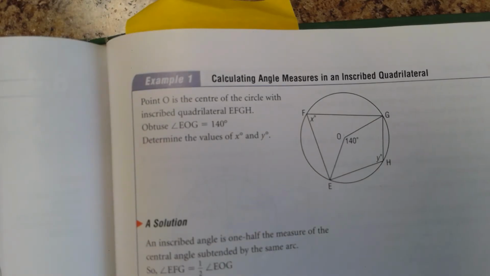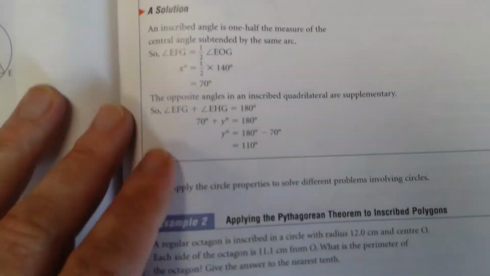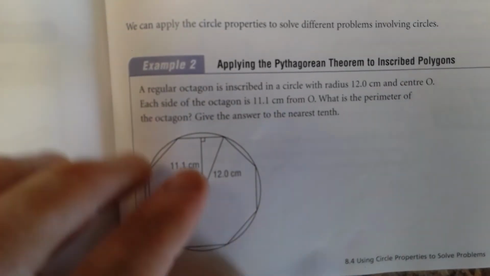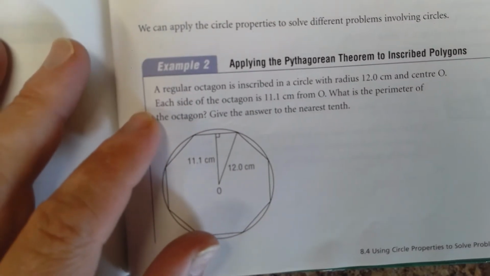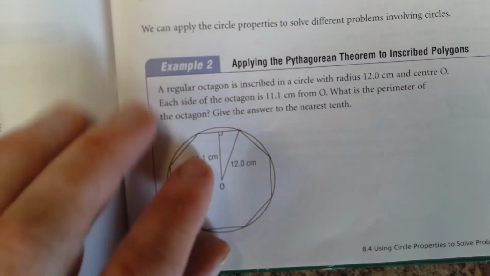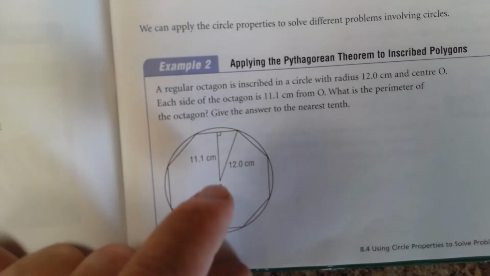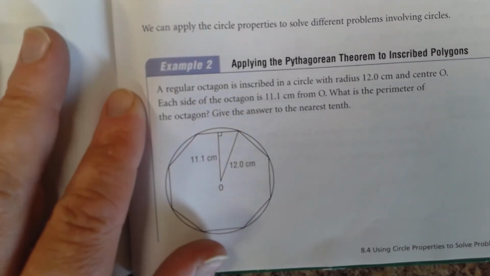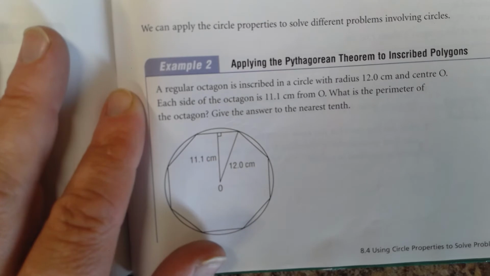Inscribed angle, and of course there's the explanation and the solution, but let's look at it. A regular octagon is inscribed in a circle, and the circle has a radius of 12, so this here would be a radius going all the way from the middle to the outside. That'd be a 12. Each side of the octagon is 11.1 centimeters.